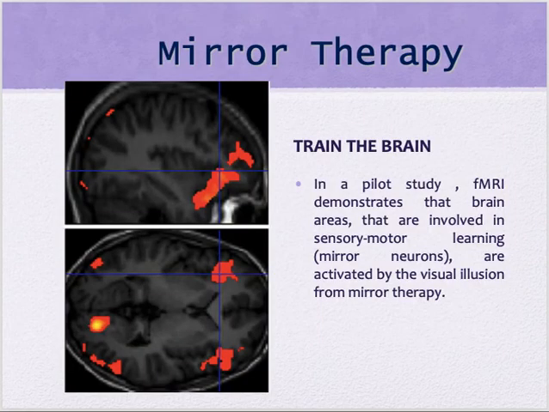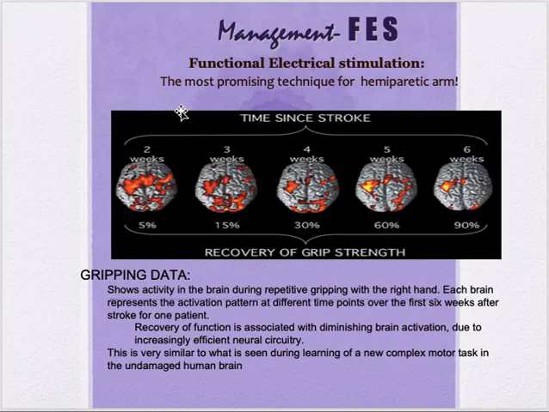In a pilot study, MRI demonstrated that brain areas involved in sensory-motor learning, the mirror neurons, are activated by the visual illusions from mirror therapy. When the patient looks at the other limb, they have found that new neuronal connections can be formed this way.